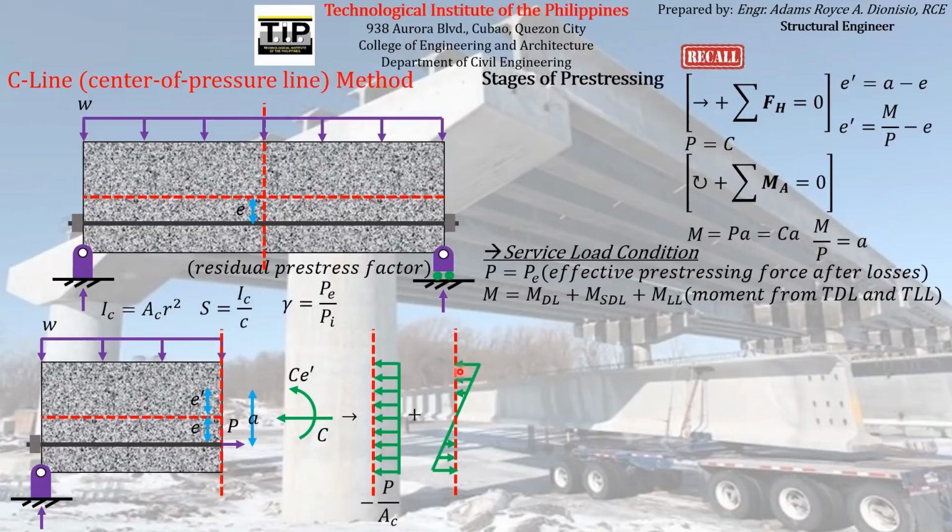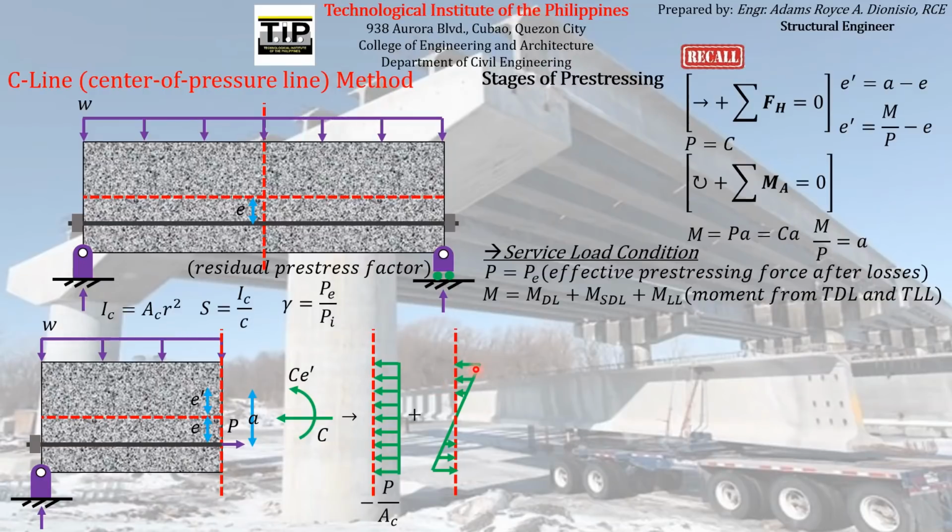If you can imagine, the resultant of this triangle points leftward, while for this triangle, it points rightward. And obviously, they have the same magnitude of resultant but opposite in direction, thereby producing a couple moment equal to this bending moment here, because these flexural stresses just came from the bending moment CE prime.